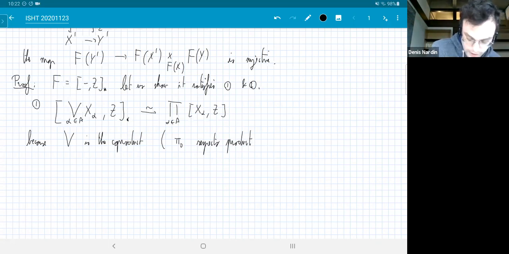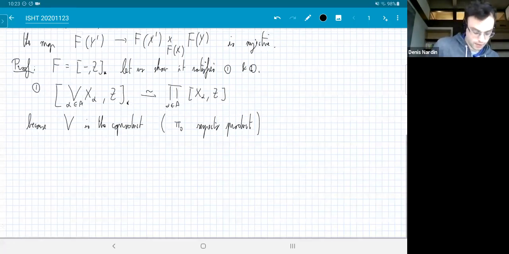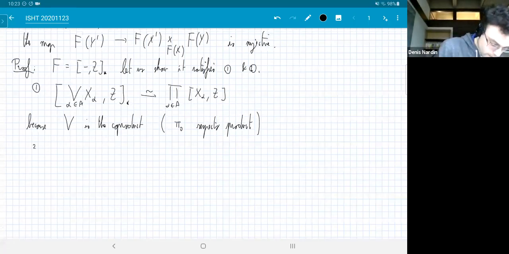So the coproduct in spaces, it's also in pointed spaces, there's also a coproduct in the homotopy category. That's just a basic statement about mapping spaces of pointed maps. This shouldn't be a surprise. 2 is slightly more interesting.